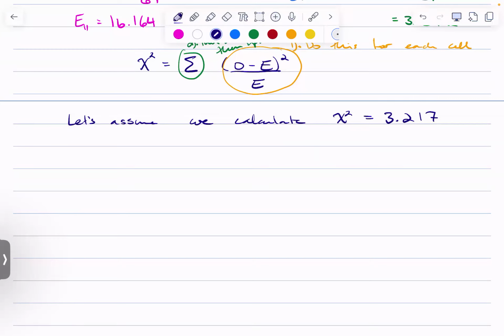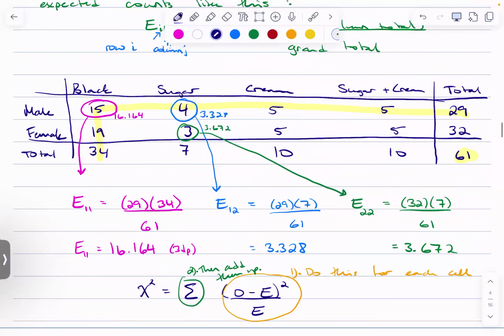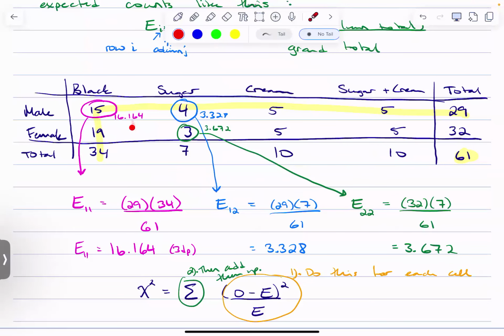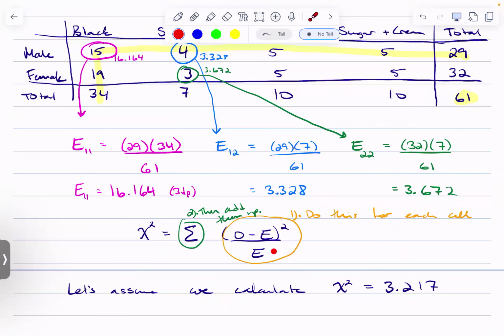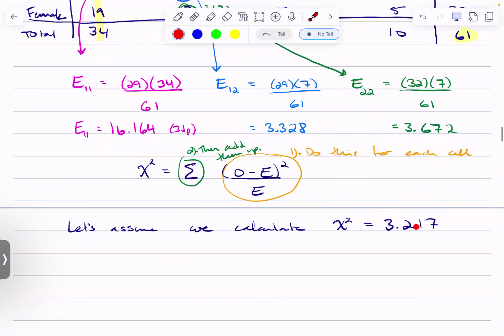I made it small because just by looking at these expected counts and how far they are from the observed counts, I don't think they're that far away, right? We have to take into account the spread, which is kind of what the expected value takes the place of, right? But in general, I don't think that these are terribly far away. And so that's why I picked a small chi-squared.